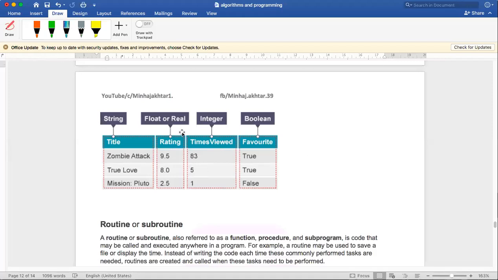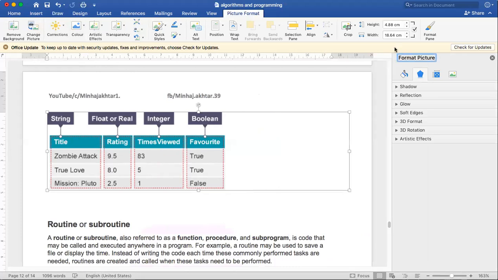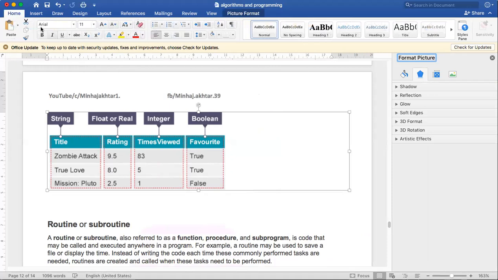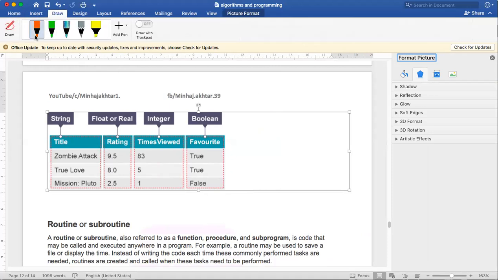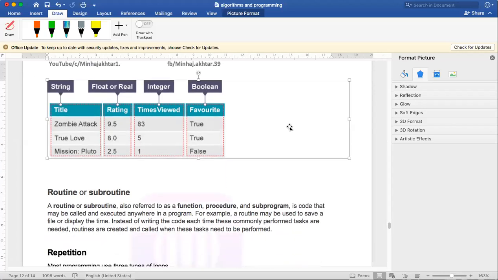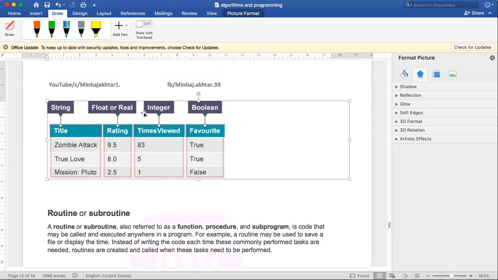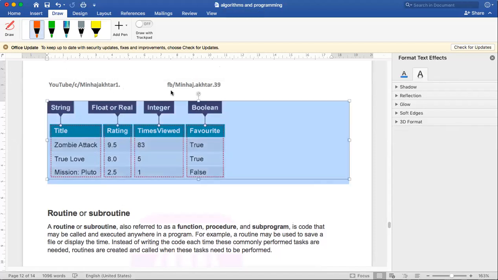Okay, in this example, you can see all the data types are covered. Like if you consider the string, you can see string data is right here in the first column. In this example, you can see that all the data types are mentioned.